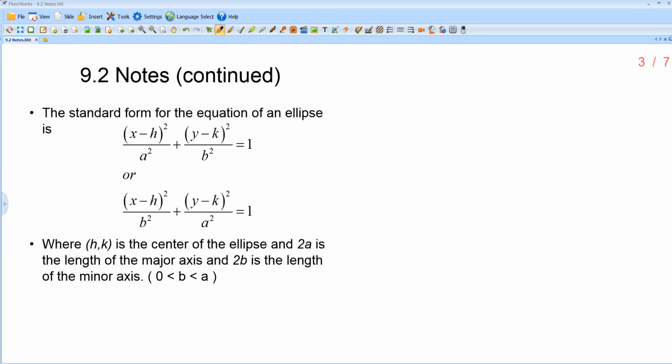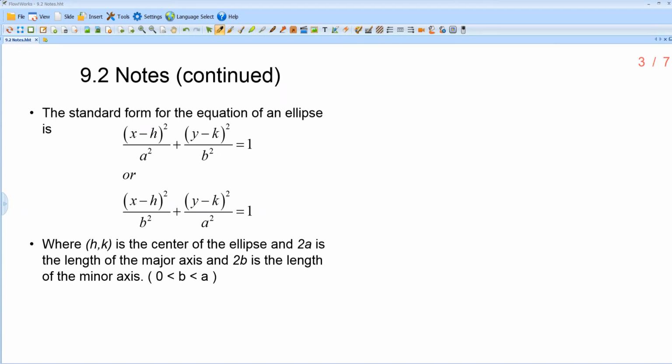All right, so two standard forms, just like with the parabola, we have two different standard forms for the equation of an ellipse. So we have x minus h squared over a squared plus y minus k squared over b squared equals 1. Or we have x minus h squared over b squared plus y minus k squared over a squared equals 1.